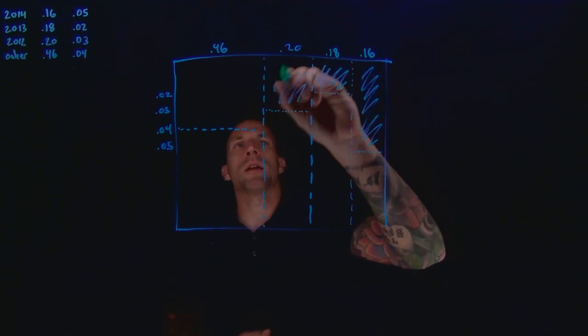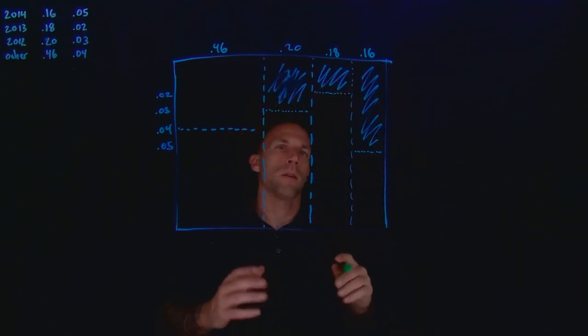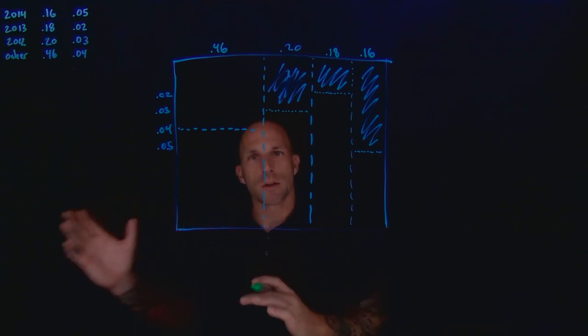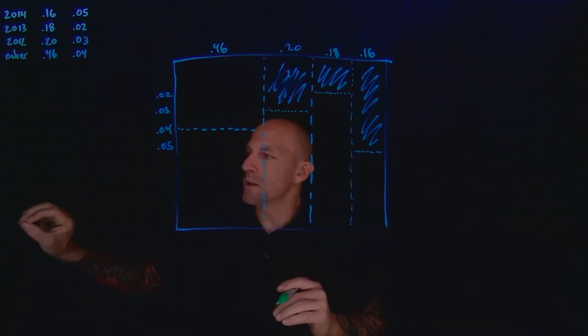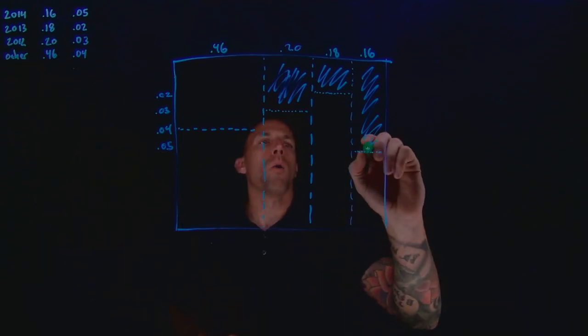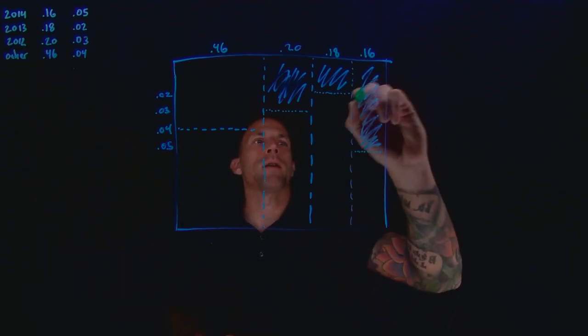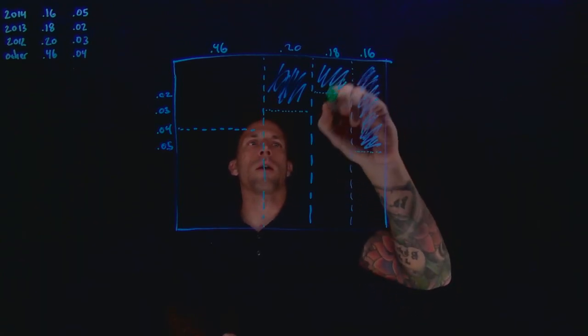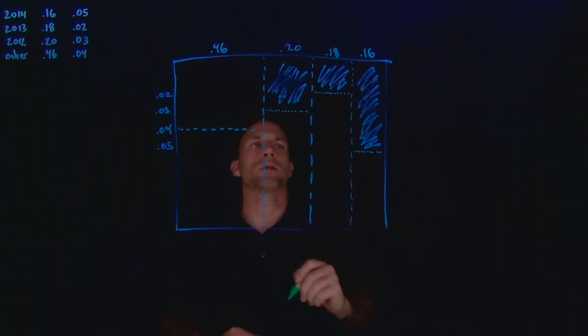So we're just going to shade in the area. That is our limited sample space based on the conditional statement. And then we're asked to find the probability that the model year was 2014. So what is the ratio of this area to the total area from these three boxes?